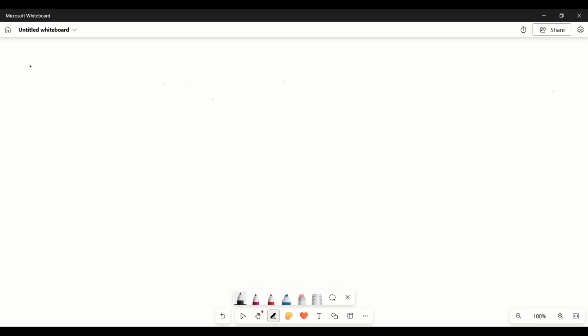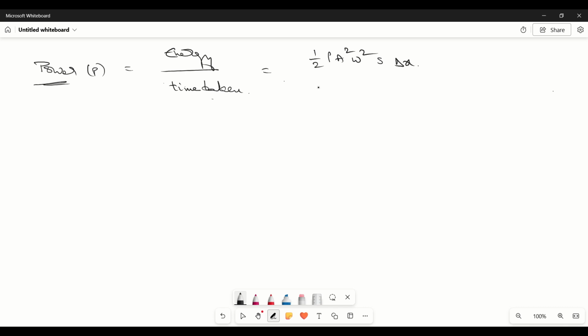So here we know that the expression of energy is half rho a square omega square into S into delta x, by the time taken, which is represented as delta t. Observe that rate of change of displacement is nothing but velocity, v equal to delta x by delta t. Here this v represents the speed of a wave, which we also represent as velocity.